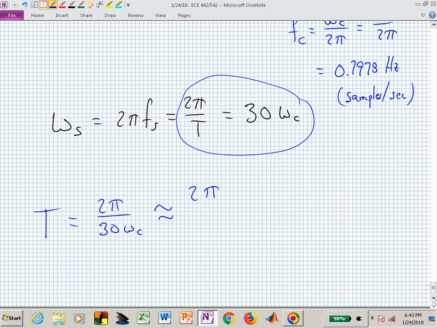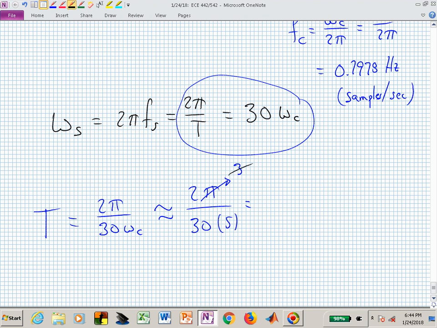And if I'm finding capital T, I can make capital T smaller without as much impact as making it bigger. You want to probably err on the side of making T smaller. So 3 is a little bit smaller than pi, is it not? So here's my approximation that I'm using. 2 pi, instead of 3.14, I'm just going to say that's 3, because that's a little easier to divide 30 into 3, and omega sub c was 5.